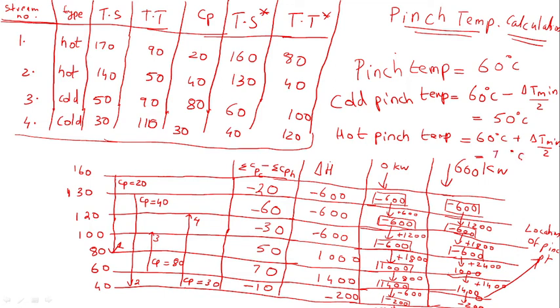So this is the hot pinch temperature and cold pinch temperature. And throughout the problem calculation, we have taken the value of delta T min as 20 degrees Celsius.